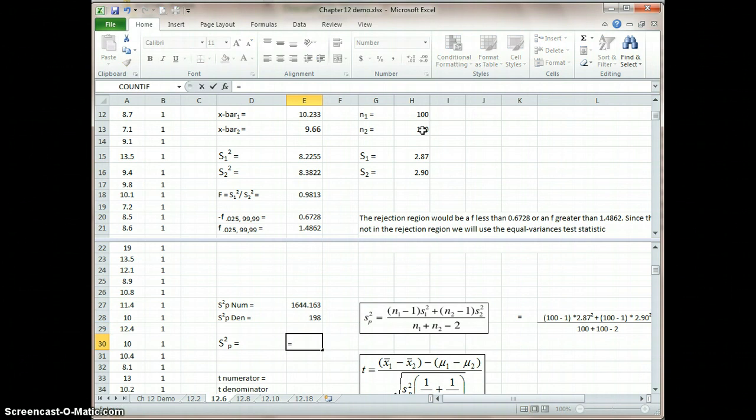Then I simply divide the numerator by the denominator and come up with 8.3039.